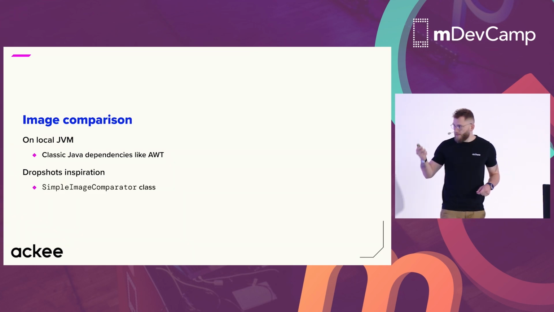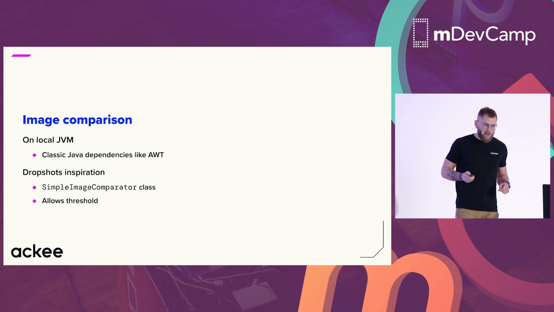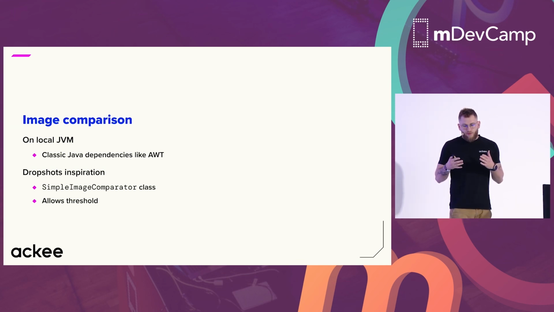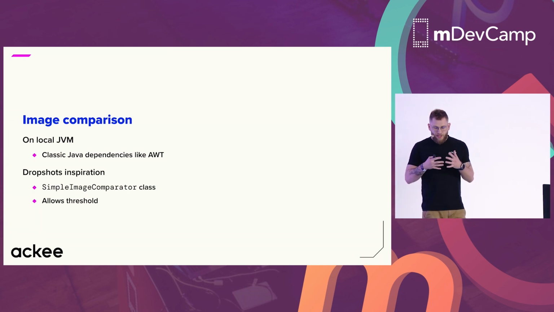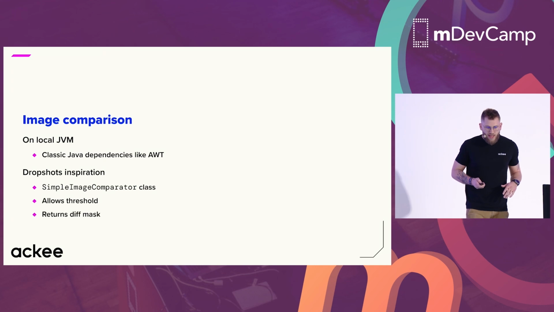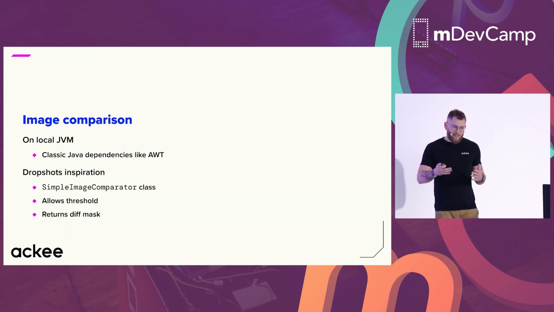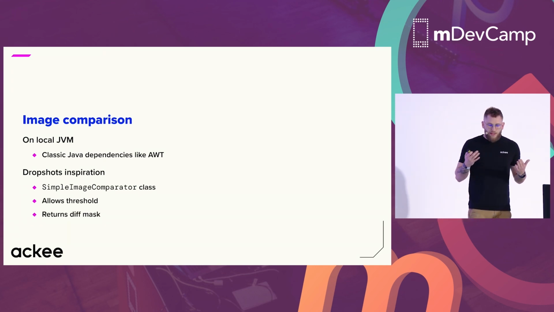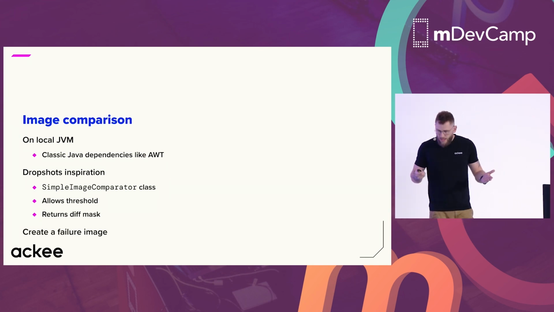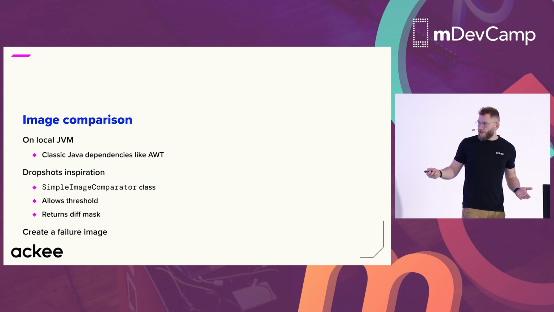And they have a class called Simple Image Comparator, which allows some thresholds. So you can say if you need a perfect pixel match of your images, or if there can be some threshold. And it will also return you a mask with a diff telling you what actually differs in those two images. And that's useful because I can create some failure image.